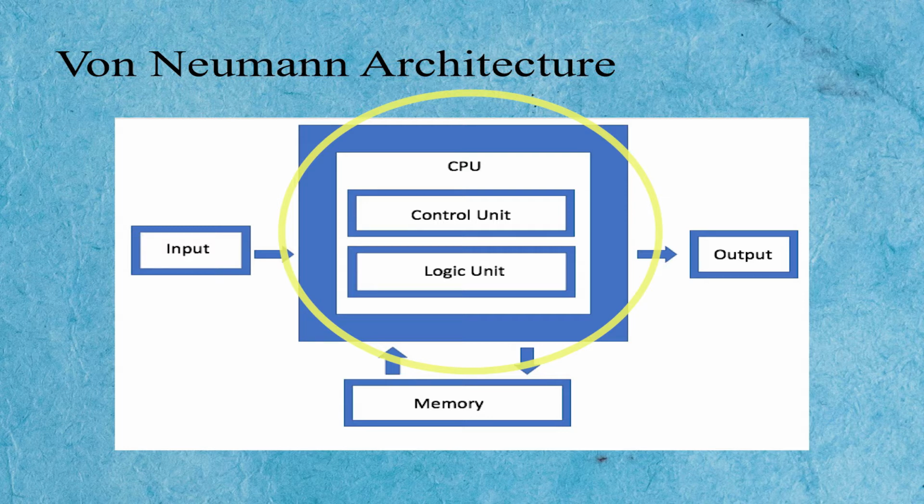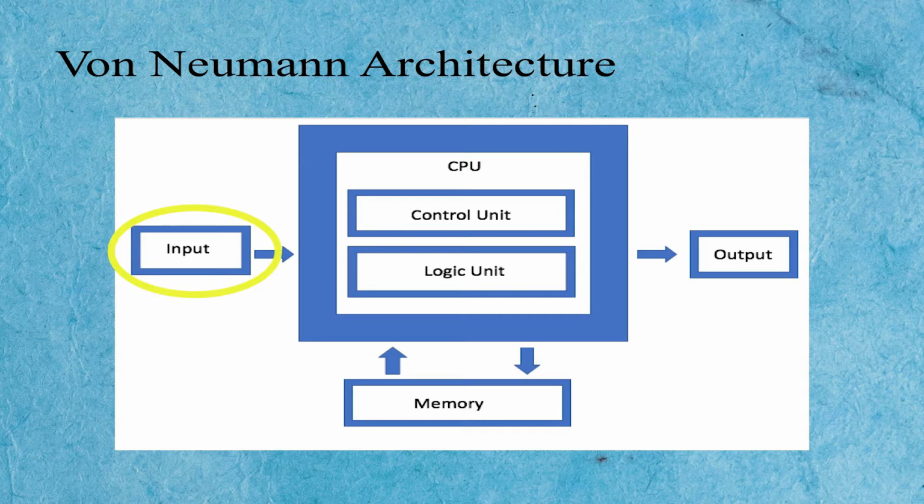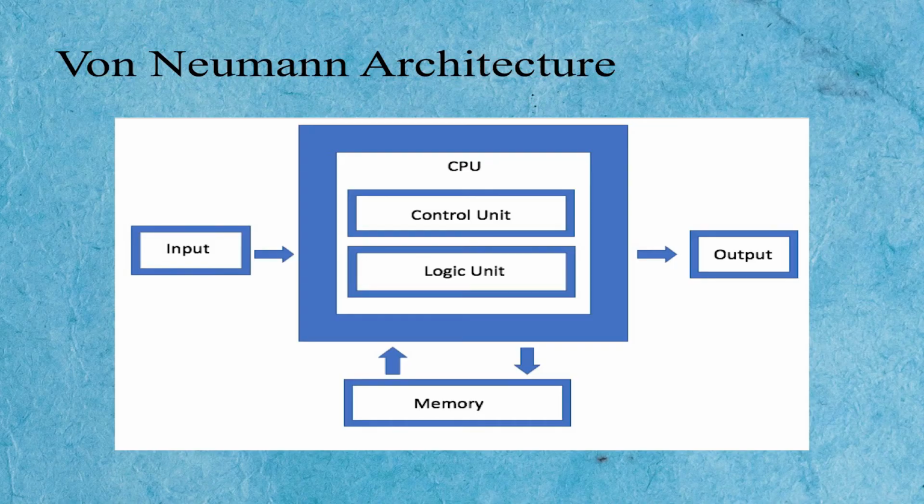Then it also has input and output pieces that get data in and out of the computer, and the memory portion, which allows us to store information in it as well. And then, of course, on top of all of that hardware is the software that makes the computer run as well. So you've got your architecture, CPU, input, output, memory, and software, and that's basically a computer in a nutshell.